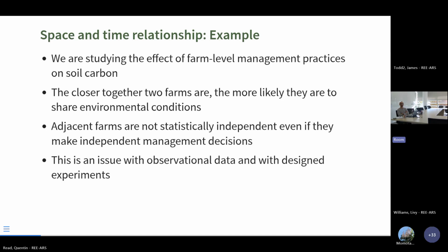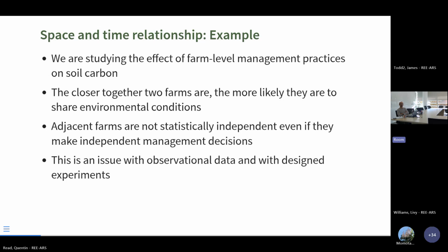So one example: let's say we wanted to do a study on how different management treatments of farms affect soil carbon sequestration. I know a lot of folks at ARS are working on just that.